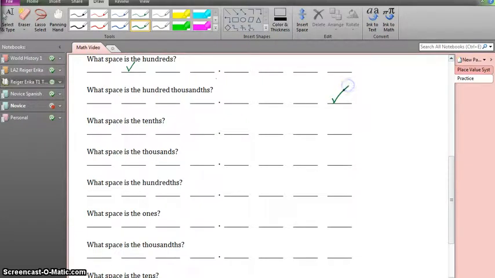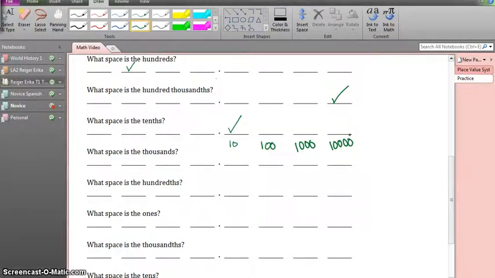This space is the hundred thousandths because when you go 4 places to the right, it's the 100,000ths. What space is the tenths? This space is the tenths, the place that I checked off, because it goes tenths, which is right here, hundredths, thousandths, 10,000ths.